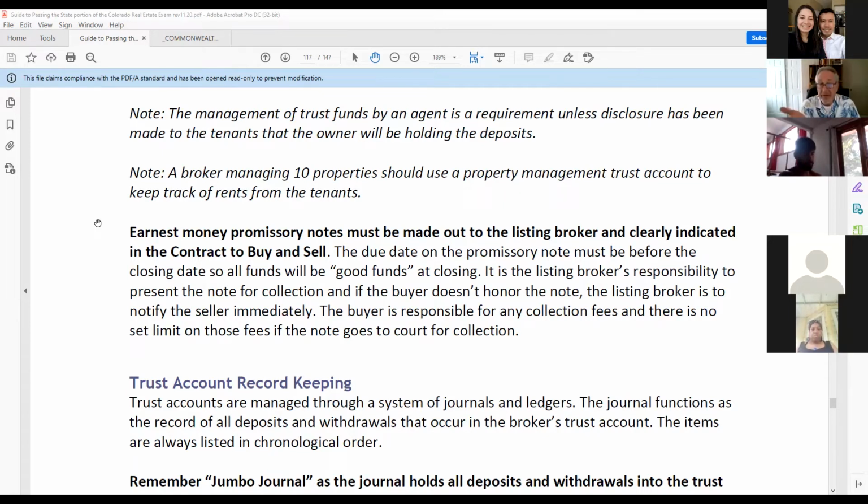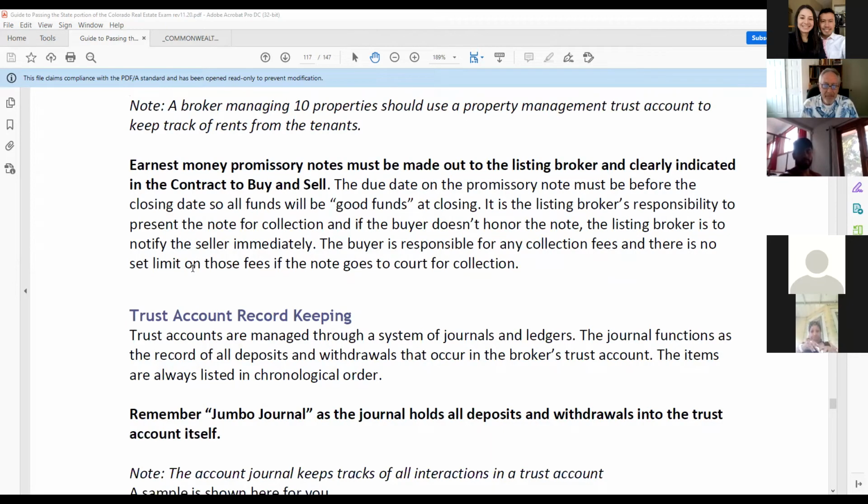So that's good funds as of closing date. Buyer is responsible for collection fees, and there is no set limit on those fees. The note goes to court for collection. Remember, seller is responsible for collecting if it's not paid. If it's not been paid, then the broker needs to notify the seller immediately, and the seller can take action.